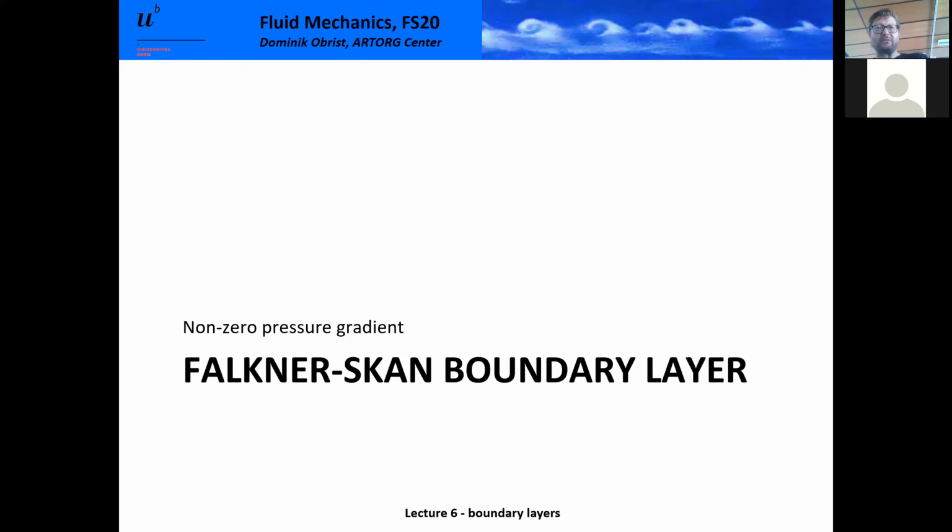It's a boundary layer over a flat plate for zero pressure gradient. And in the context of boundary layers, zero pressure gradient mainly means that the outer flow velocity is not changing as we go downstream in x direction, right? We have the same, constant outer velocity u as we go in downstream direction.